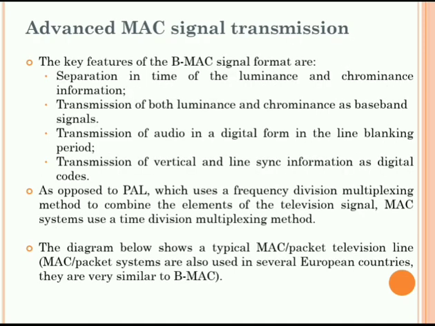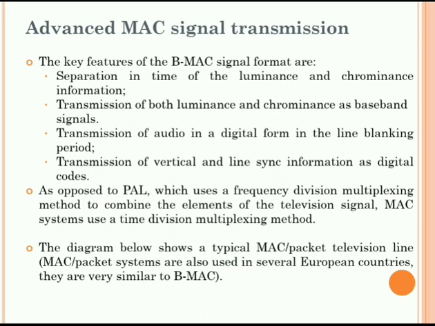Now let us see the advanced MAC signal transmission, how the MAC standard transmission actually occurs. The key features of the B-MAC signal format are separation in time of the luminance and chrominance information, the transmission of both luminance and chrominance as a baseband signal, the transmission of audio in digital form in the line blanking period, and the transmission of vertical and line synchronization information as digital codes.